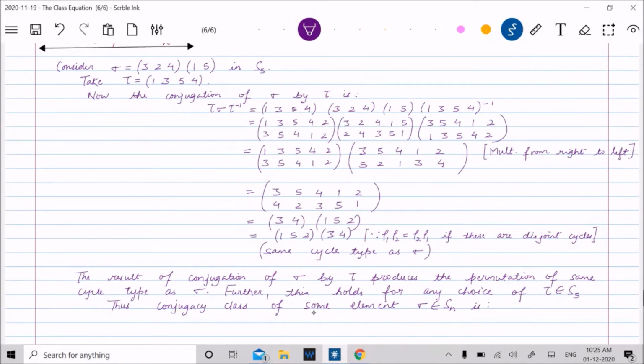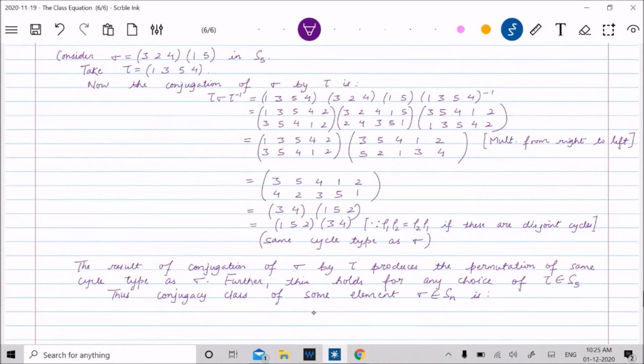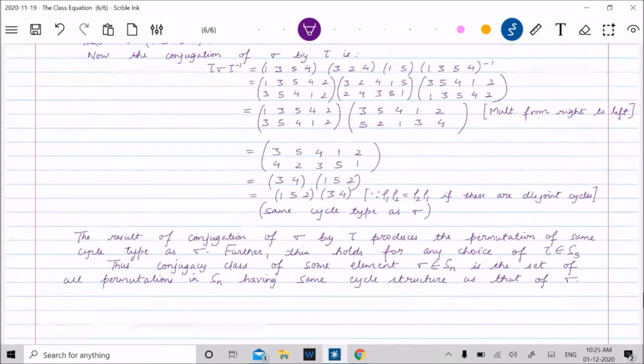Is the set of all permutations in Sn having the same cycle structure as that of sigma. So this is the final conclusion.